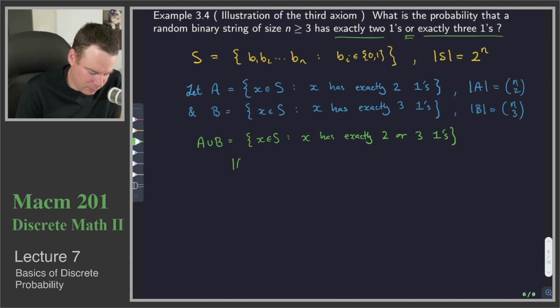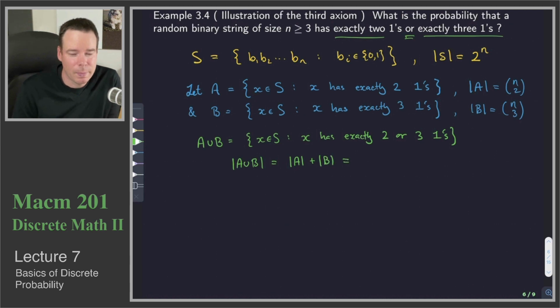How big is A union B? Because A and B are disjoint, this is just the sum of the sizes of those individual sets: n choose 2 plus n choose 3.